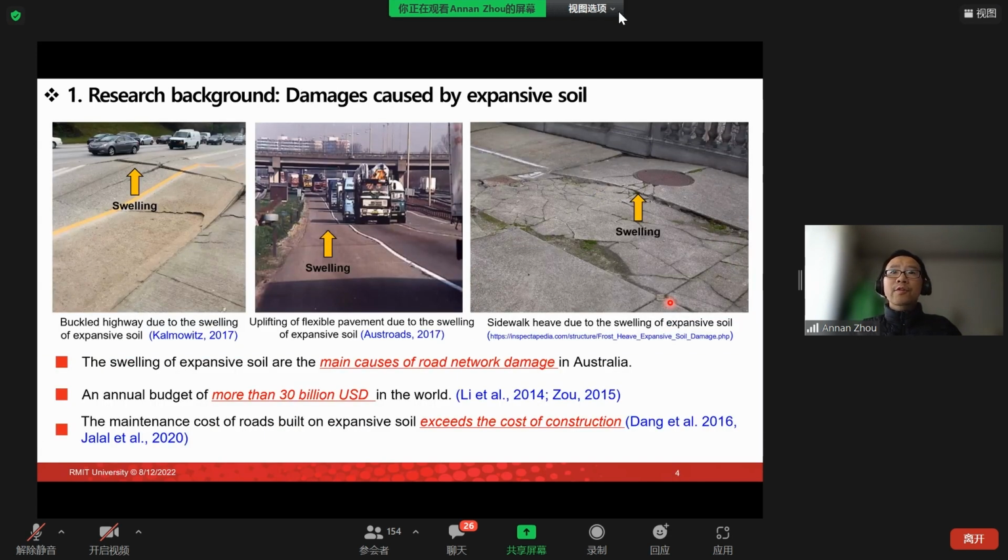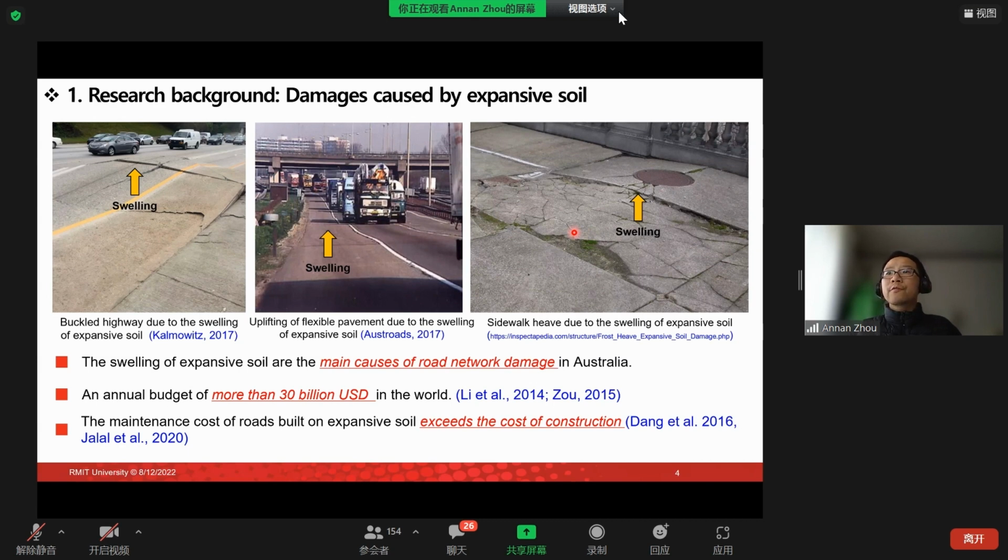Expansive soil causes damage to infrastructure throughout the world, such as failure of embankments, buckled and heaved roads and foundations, cracked pavement, pipe leakage, and gas pipe damage.